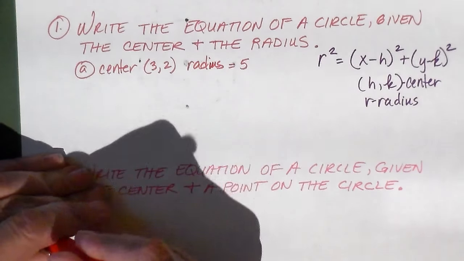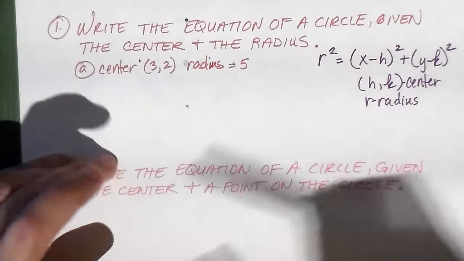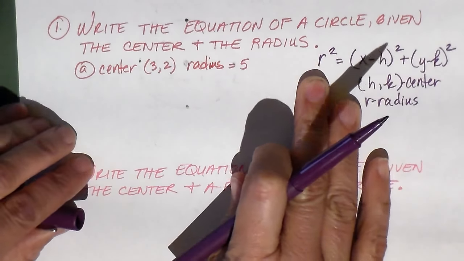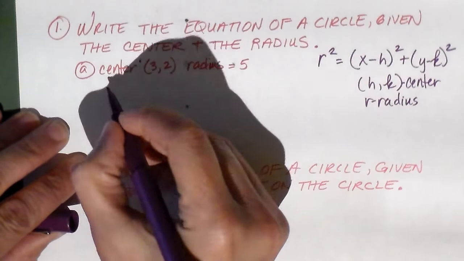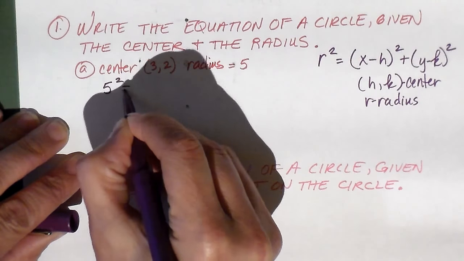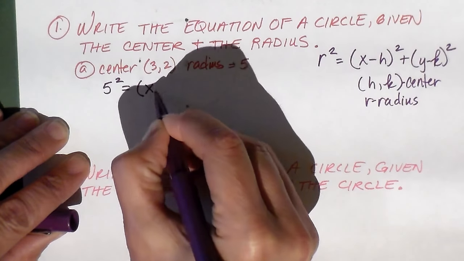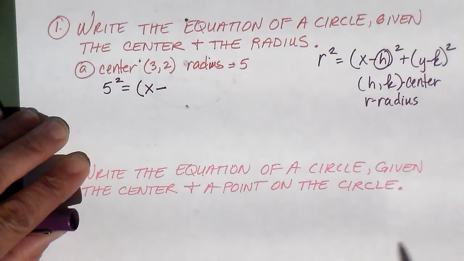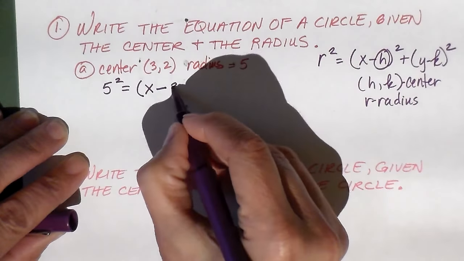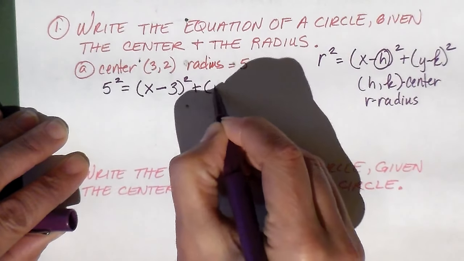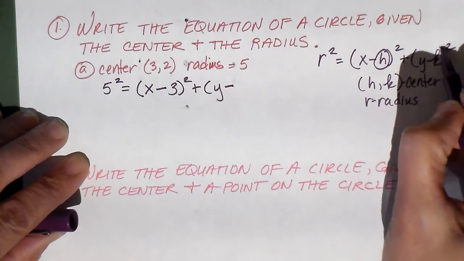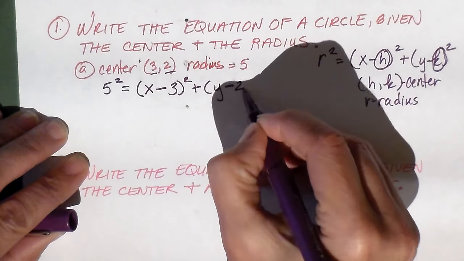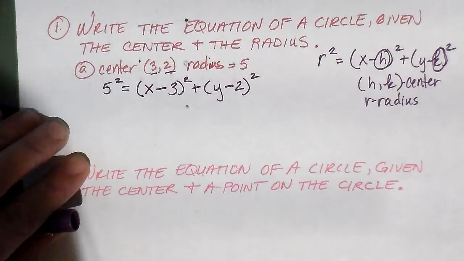I know that the equation equals the radius squared, so 5 squared equals x minus h, where h is the x coordinate of my center, which is 3, squared, plus y minus k, the y value of my center, squared.